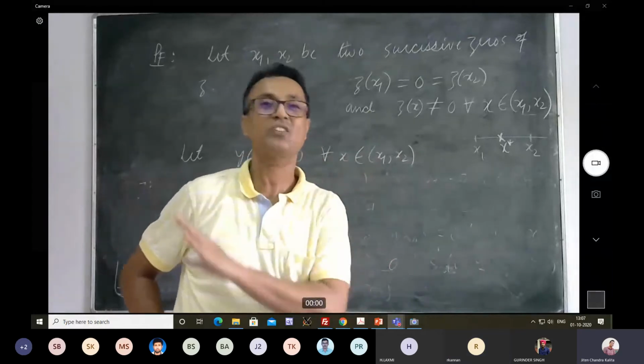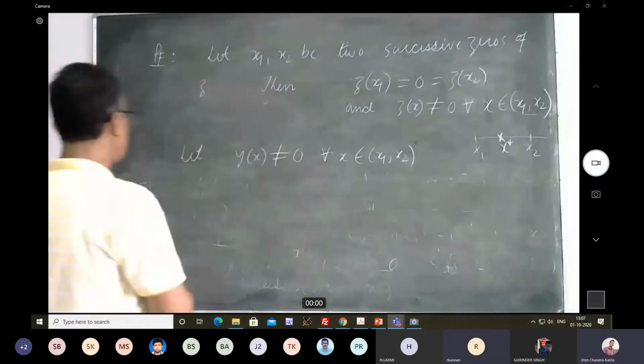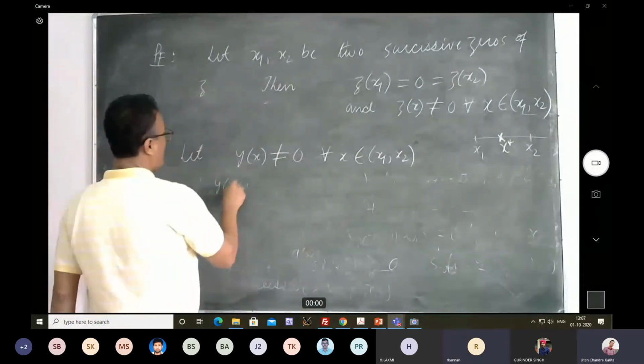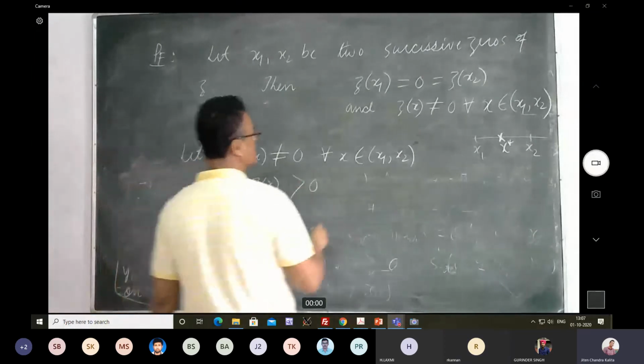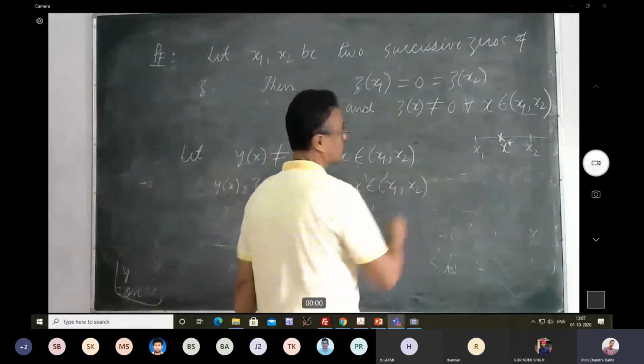Any combination is going to work, so without loss of generality we can assume that both y(x) and z(x) are strictly greater than 0 for all x in that interval.